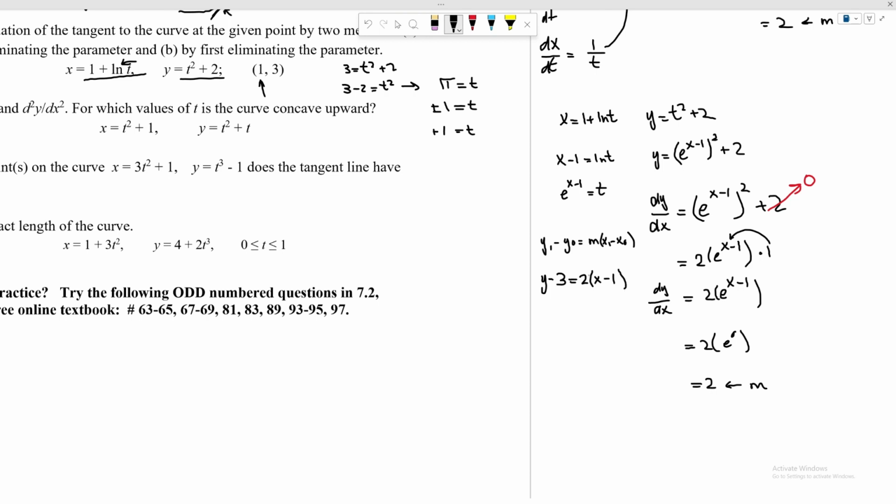And so when I rearrange this, you'll get y equals 2 multiplies into x, and then 2 multiplies into this becomes -2, and I take 3 to the other side, plus 3, and this will simplify to 2x plus 1. You see this is an equation or function of a line, and so this would be your answer in 2 ways.